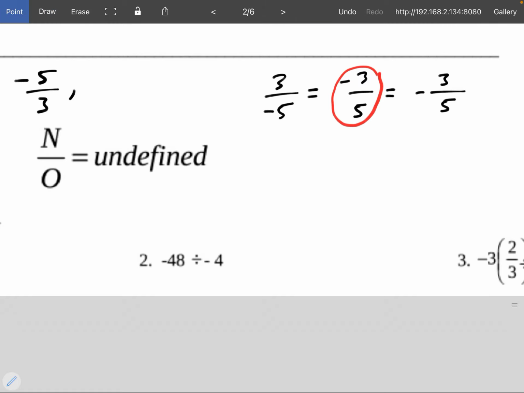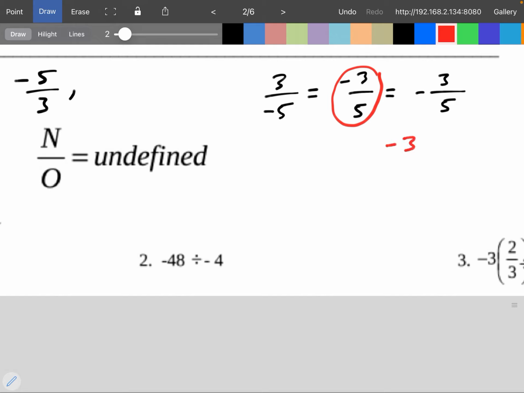Now, of course, you can't do -3/-5. Okay, that wouldn't work. Why doesn't that work? Why can't you write it as -3/-5? Yeah, because then that would be a positive, right?